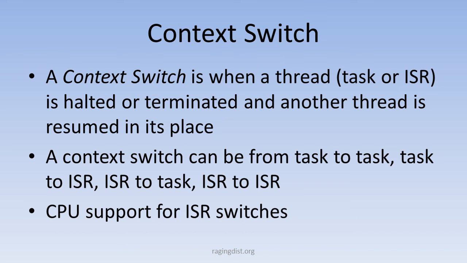A context switch can be from a thread called a task to another task, from a task to an ISR thread, ISR to task, ISR to ISR. It doesn't matter. It's all a context switch. But the hardware support the CPU has is for ISR switching.